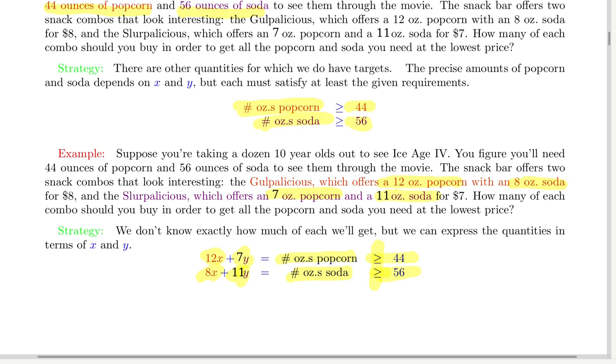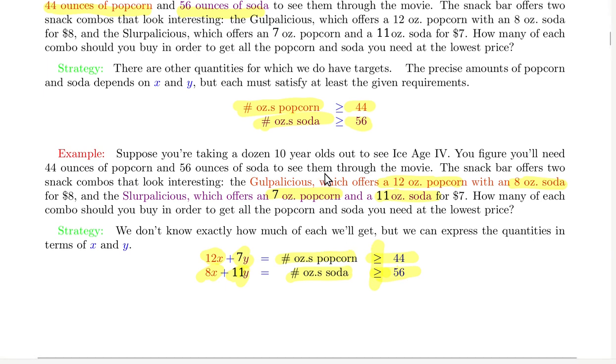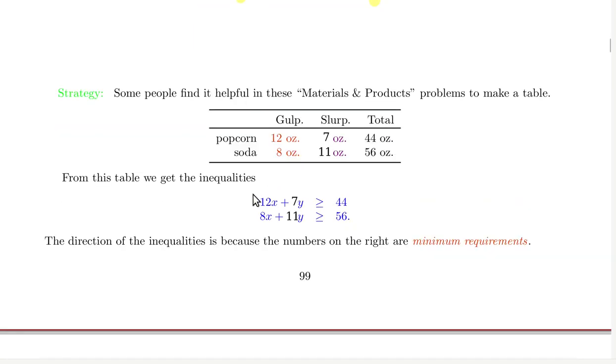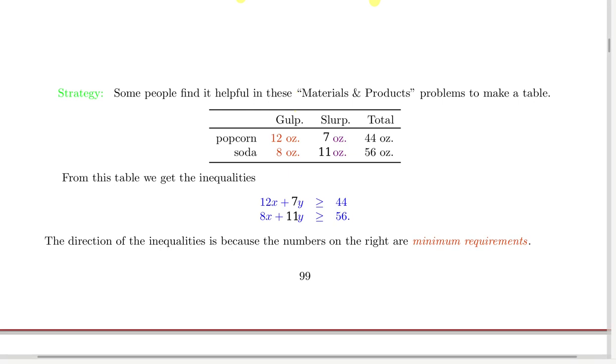So, okay, we've got that. And then there's one other. By the way, I just mentioned that sometimes it's helpful to make a little table of ingredients. At least this is what I recommend to my finite students. I sometimes recommend making a table where the two different items you can buy are the columns, and then we also have the total number of popcorn and soda required, and the rows are the ingredients in the packs, right?